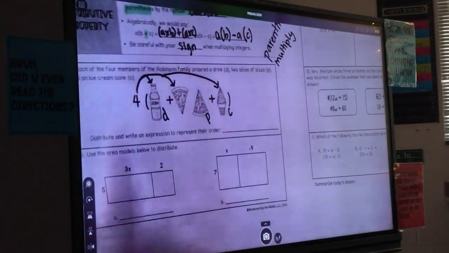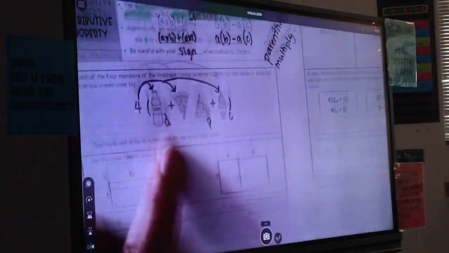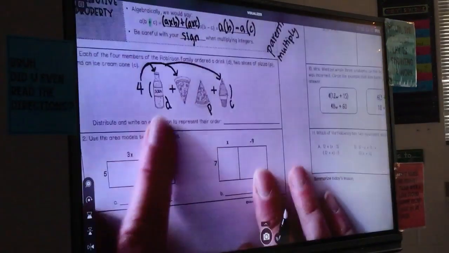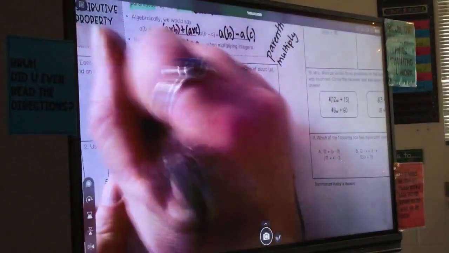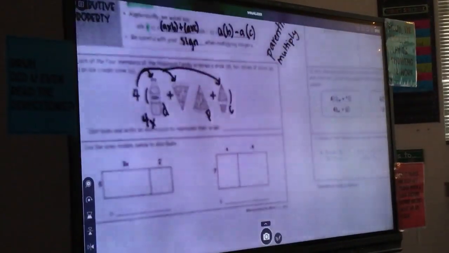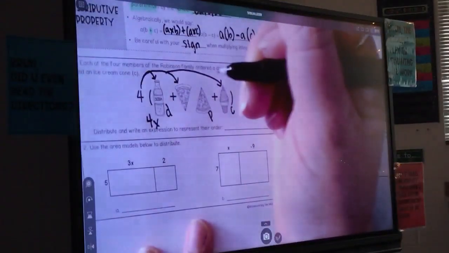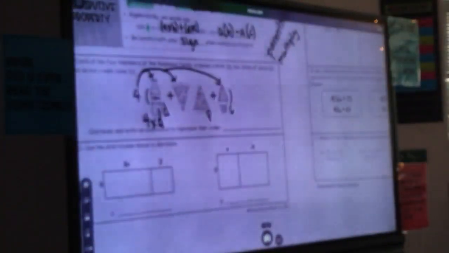So this becomes 4 times what? 4 times what for the first one? So 4 times, what's our variable? Drake. 4 times D. All right, the next one. Be careful with this one.